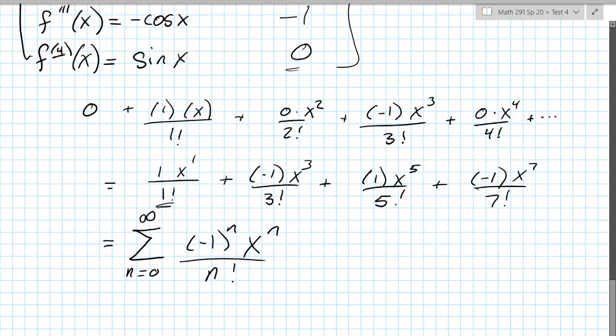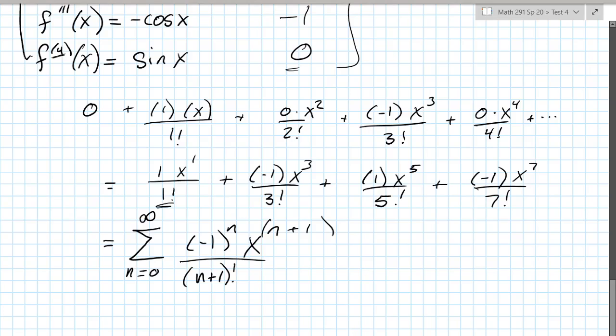So let's go with, how about n plus 1? Does that make this thing work? If I use n plus 1, and if I have n equals 0, the first one's positive, okay, so the coefficient works. Now I have x to the first power, okay, that's what I want, and then 0 plus 1 is 1 factorial. So far so good.